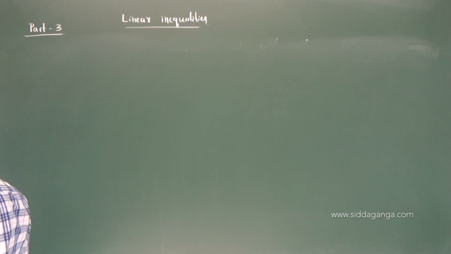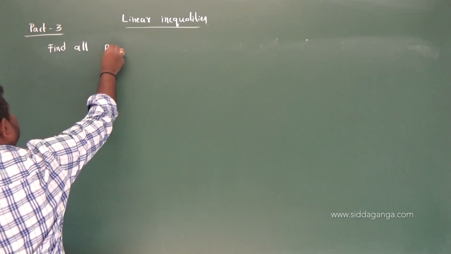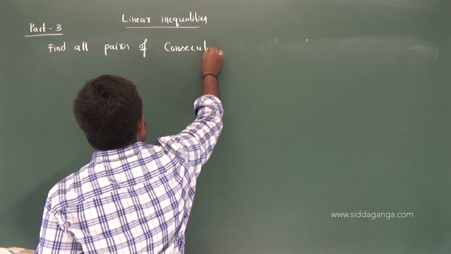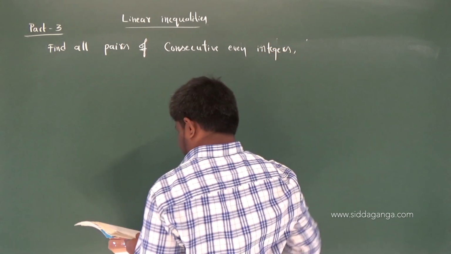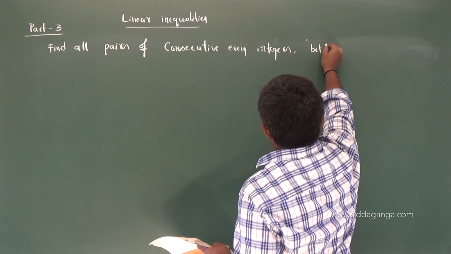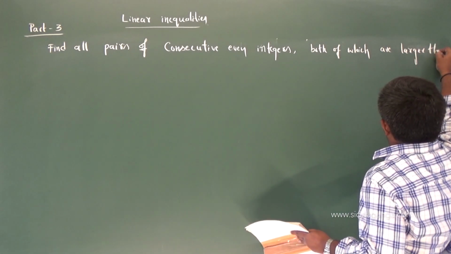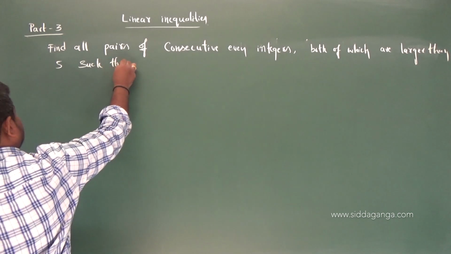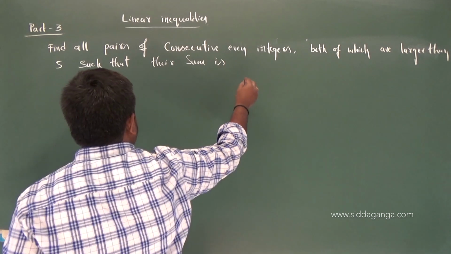Same as before: find all pairs of consecutive even positive integers, both of which are larger than 5, such that their sum is less than 23.